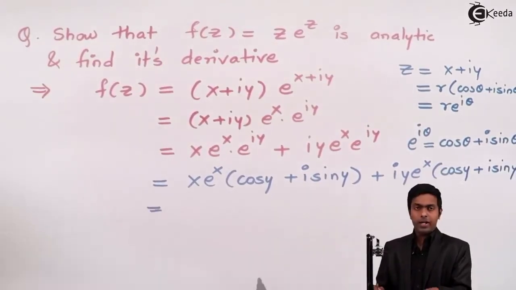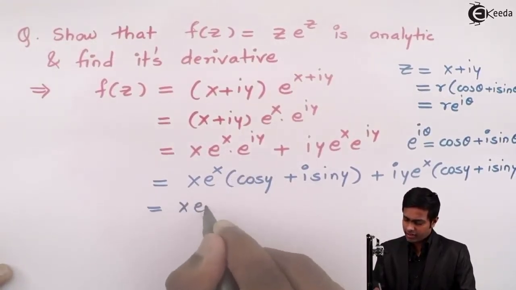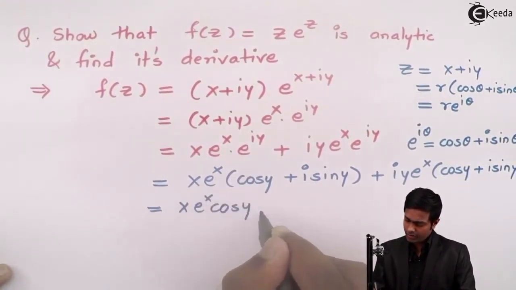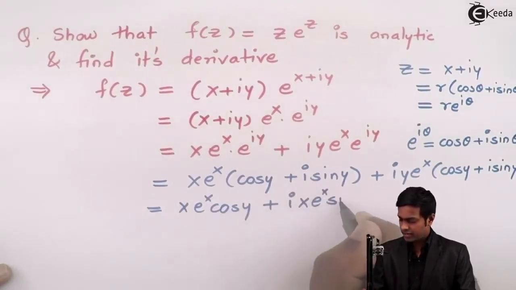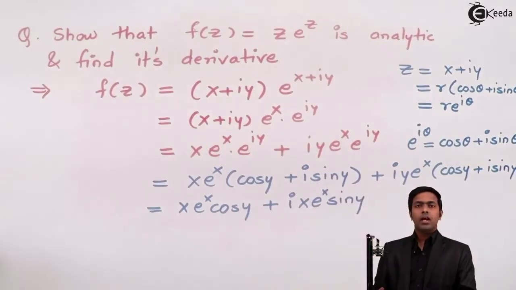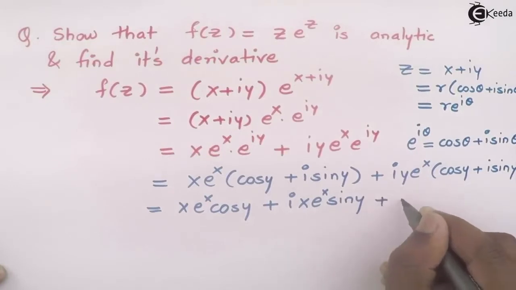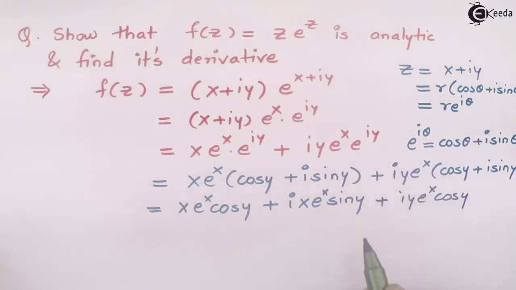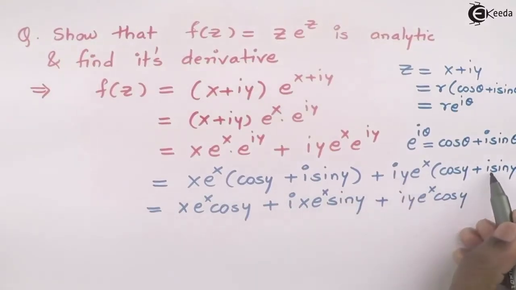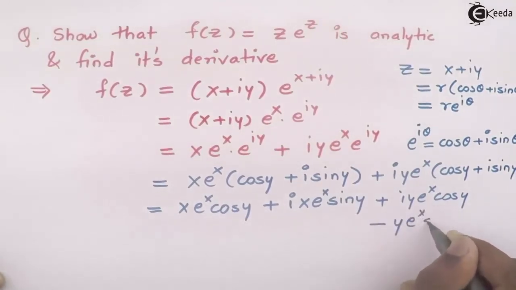Now by multiplying the bracket with the term x e raised to x, we will get x e raised to x cos y plus i x e raised to x into sin y. And now multiplying the second bracket with iy e raised to x, we will get iy e raised to x cos y, and i into i square, which is minus 1, so minus y e raised to x into sin y.